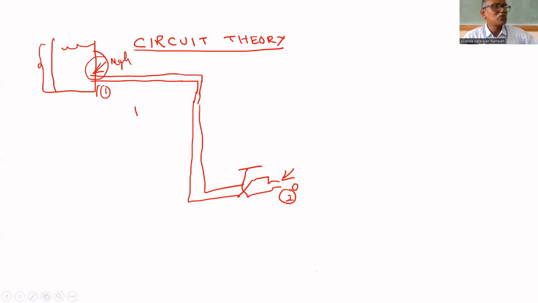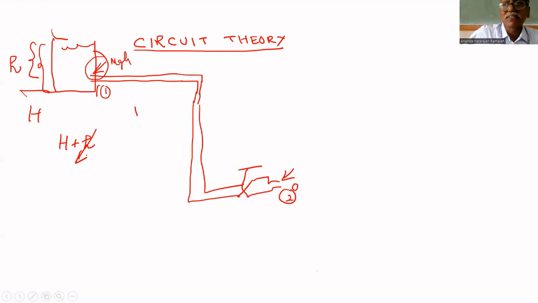The pressure is reduced because the height of this building is, say, h, and this water tank height is about h, so initially the total height is h plus h. As the level decreases, this h decreases, so pressure decreases, and the flow rate decreases.